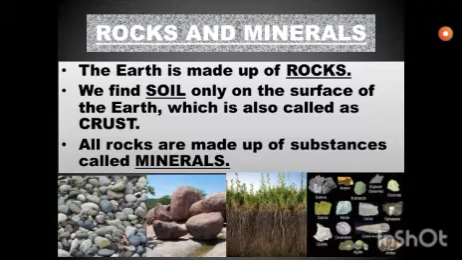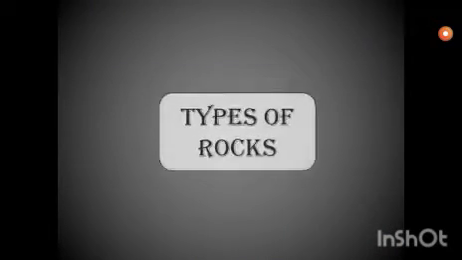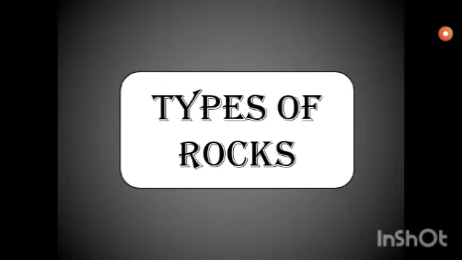Now, in this lesson, we will be studying the rocks and the minerals. So, let us now study the rocks first. The types of rocks. When we are talking about rocks, how are they formed? What are their types? We will all know while discussing the rocks in this lesson.